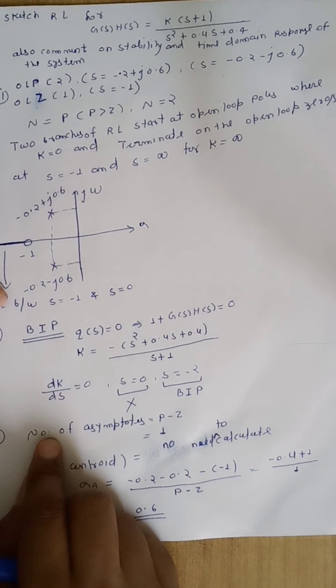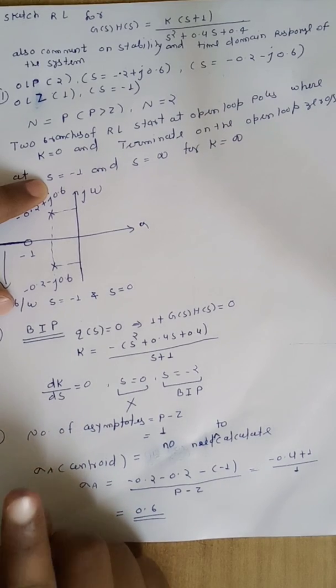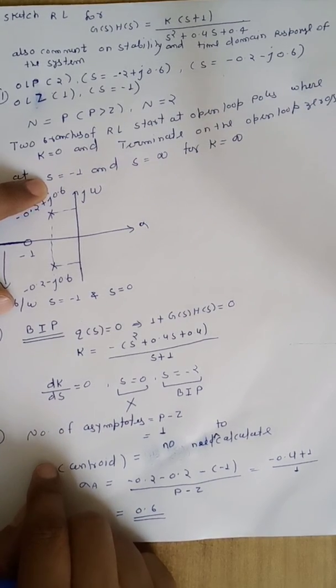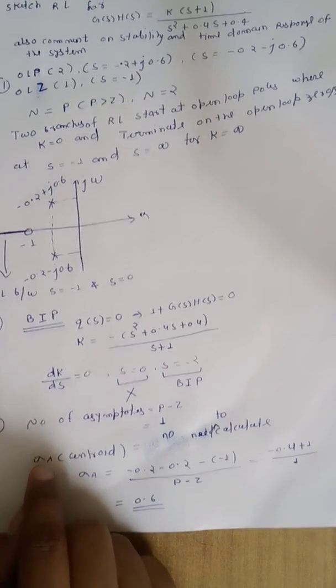So one branch terminates at s equal to minus 1 for k equal to infinity, and the second branch terminates at s equal to infinity for k equal to infinity, because we have only one open loop zero for the system.